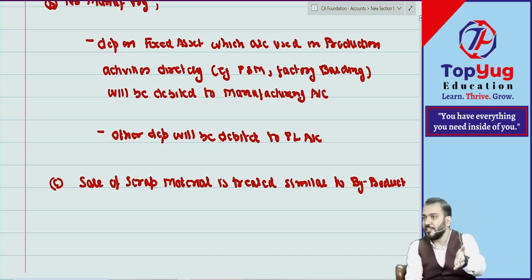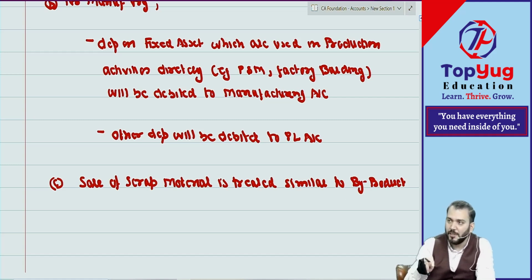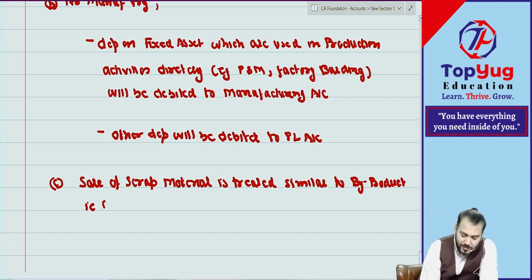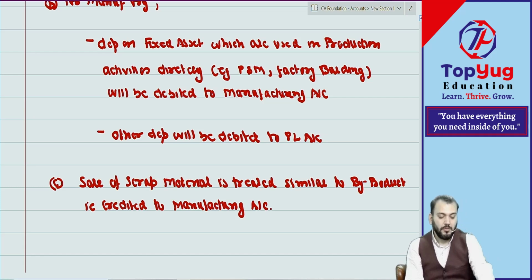It means it will be credited to the manufacturing account. Understood? So sale of scrap material is treated similar to a by-product. By-product we have already done. You can get a similar treatment. That is credited to which account? Credited to the manufacturing account. Done.